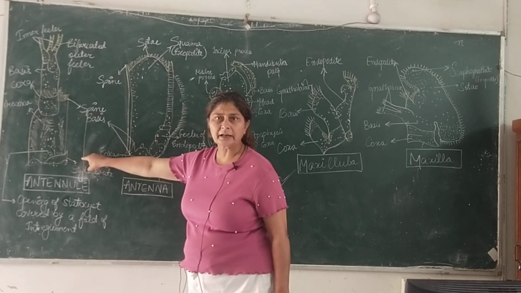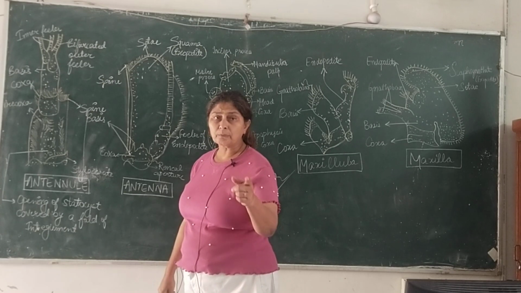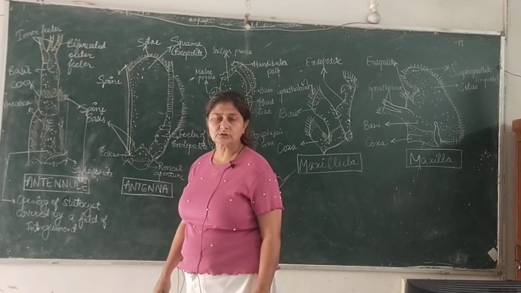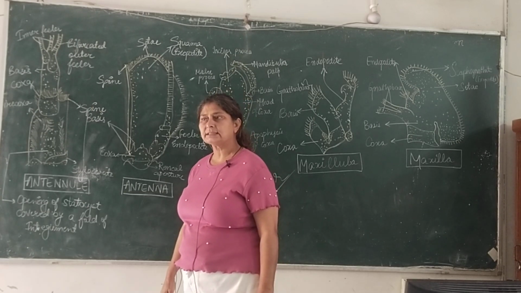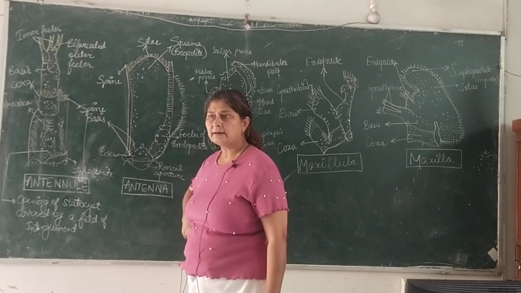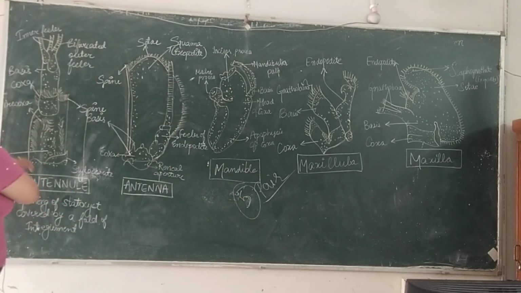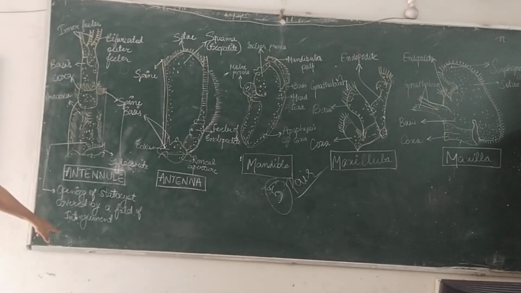The jointed part is the protopodite. You can write also coxa and basis, from where they are jointed with each other. Here this is the opening of the statocyst.